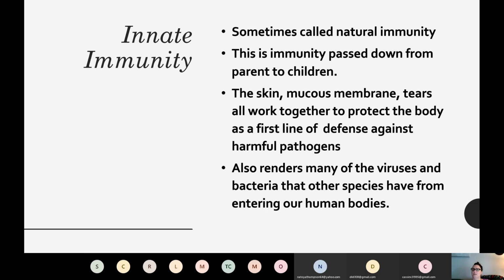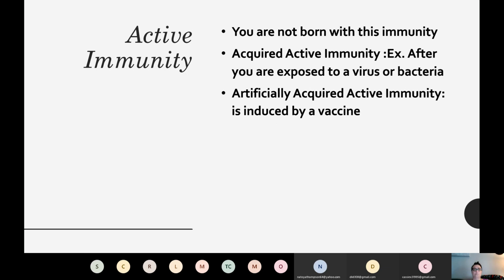So it's our defense barrier, and it could be something like from the mother. This is one of the reasons that you see a lot of people say why breastfeeding is so important. It boosts the immune system and that kind of thing. But we still have our own innate as well, our skin and the mucous membranes. So that's innate.